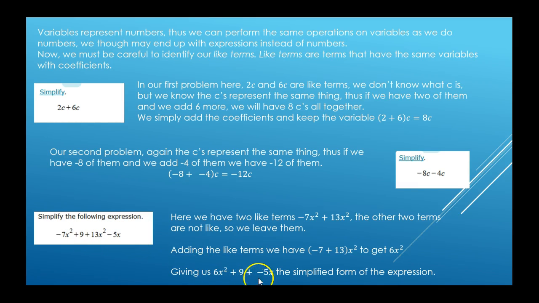The 9 and negative 5x we can't do anything with, so those remain the same because those are not like terms. We can't combine them with anything else. So this 4-term expression simplifies to a 3-term expression, and you can't go any further than that.